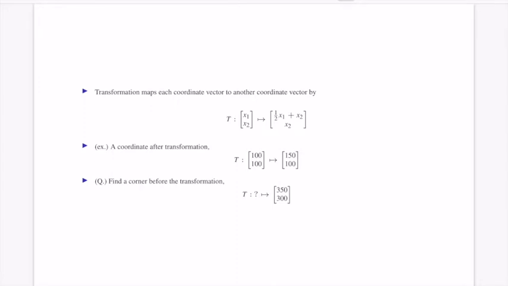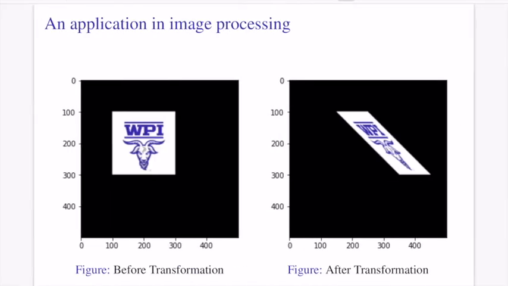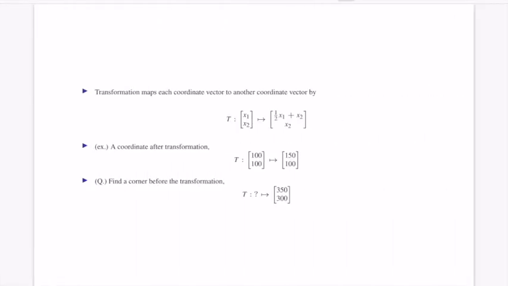For this toy example, we took 1 point, 350, 300, which corresponds to this corner. Now we want to know where it comes from in the first picture.